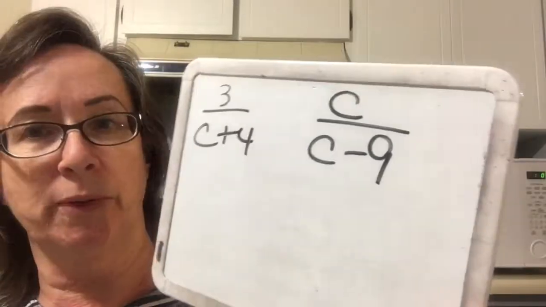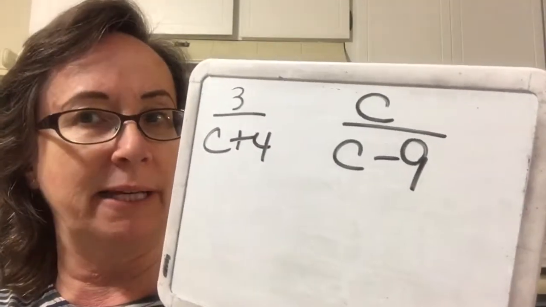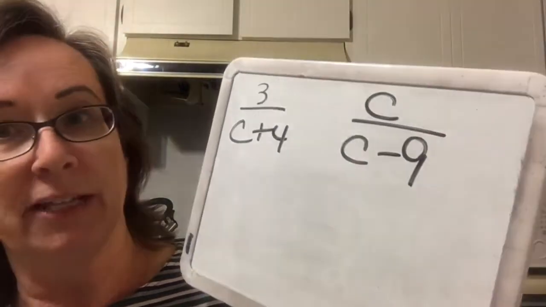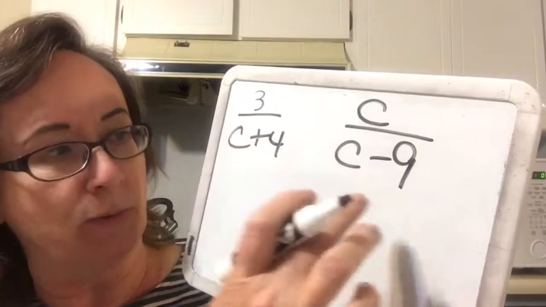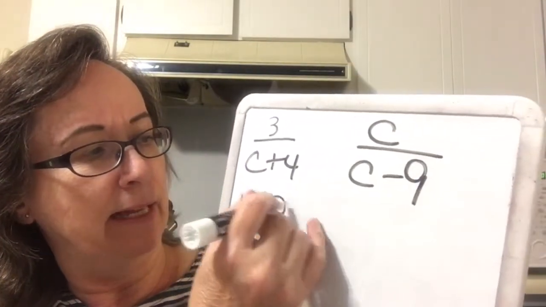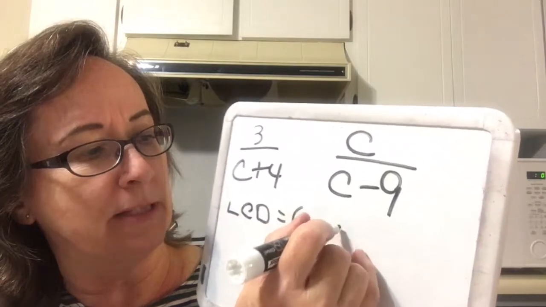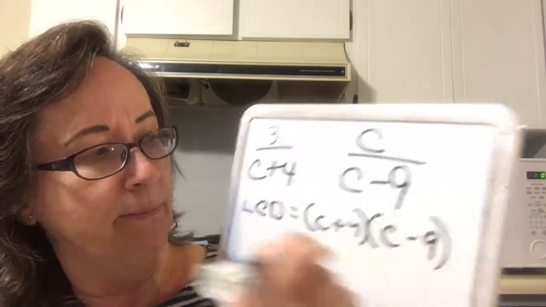So here's another one that we're going to do. Notice that neither one of these denominators will factor, so we're going to have to build the LCD. The LCD is going to be C plus 4 times C minus 9.